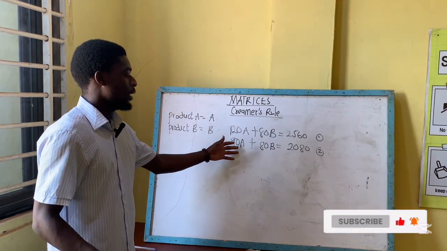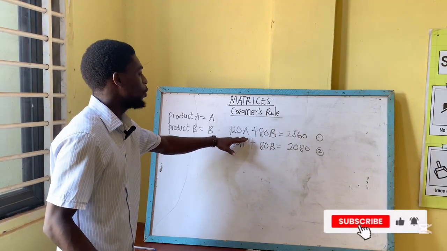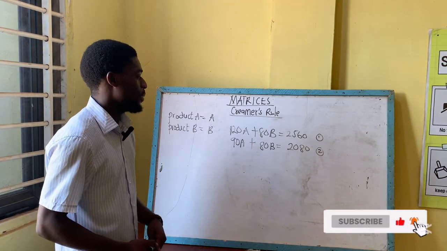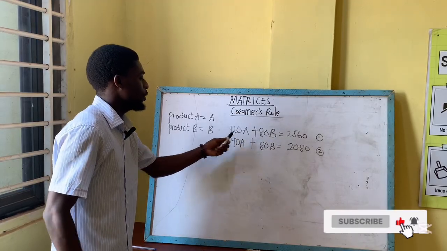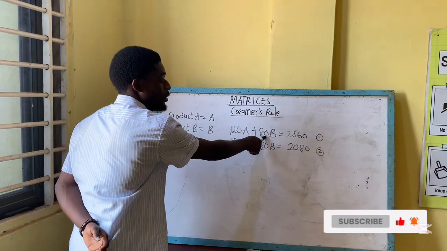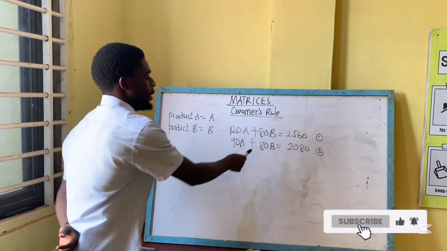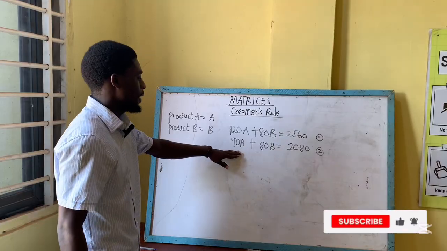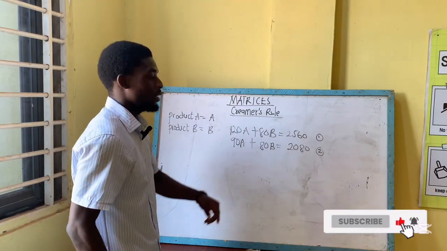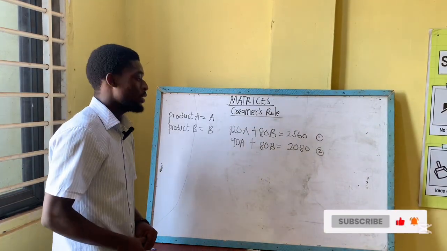We represent this equation in matrix form by taking the coefficients of all the variables. We can see that the coefficient of A is 120, while the coefficient of B in the first equation is 80. Coefficient of A in the second equation is 90, and coefficient of B in the second equation is 80.